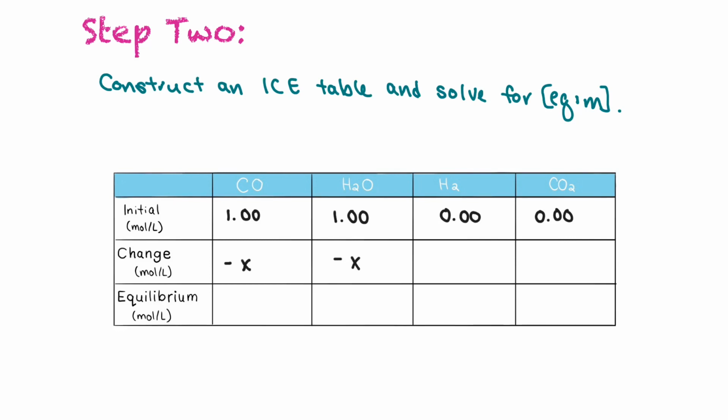But then the products are going to increase by the same magnitude. So they're going to increase by x. So then our equilibrium concentrations for these two would be 1 minus x. And these ones are just going to be x.